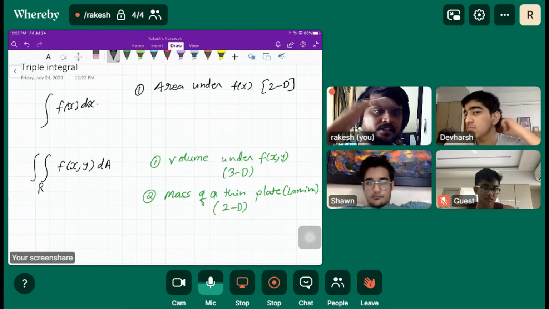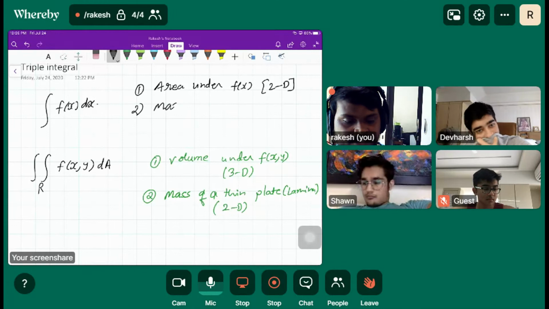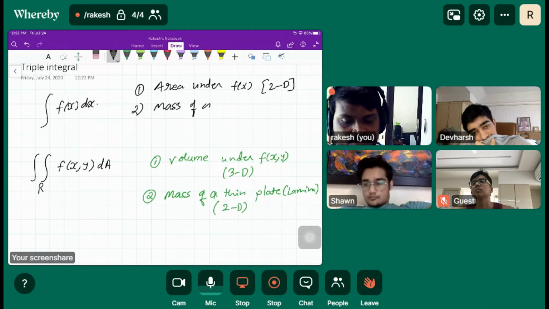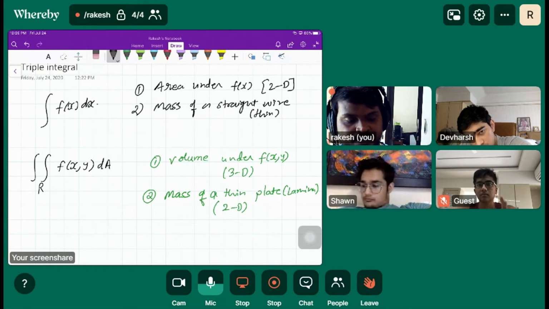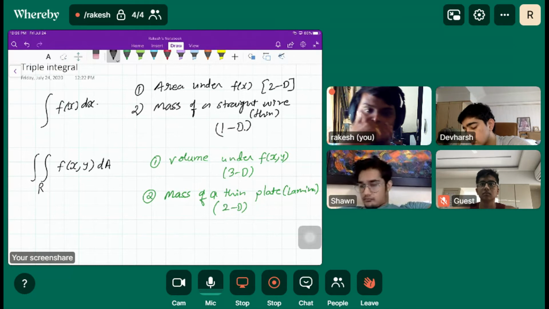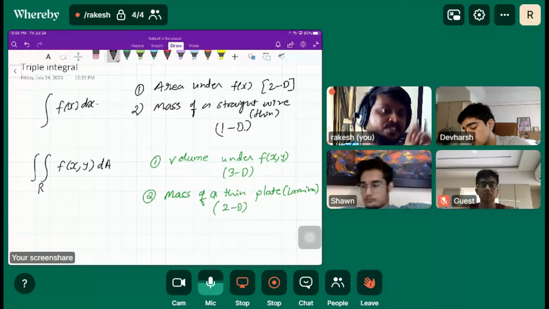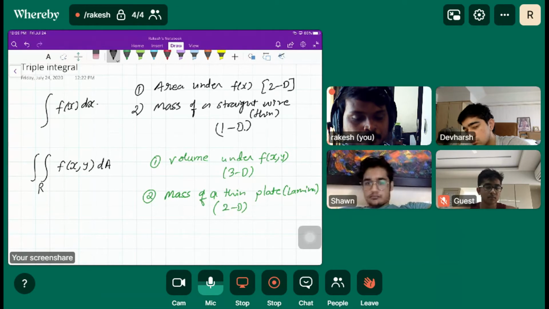The second thing, we can even find the mass of a straight thin wire, and this idea is 1D.